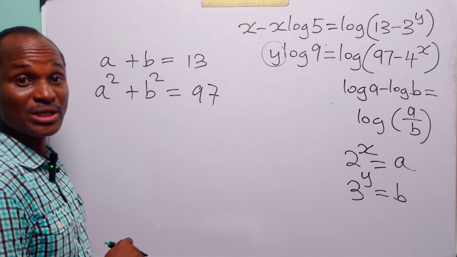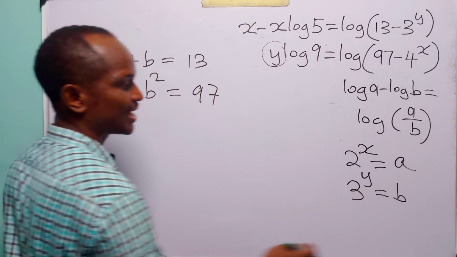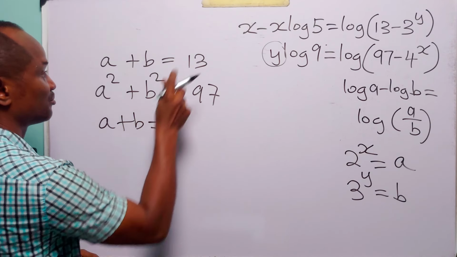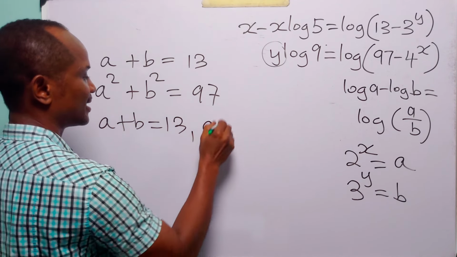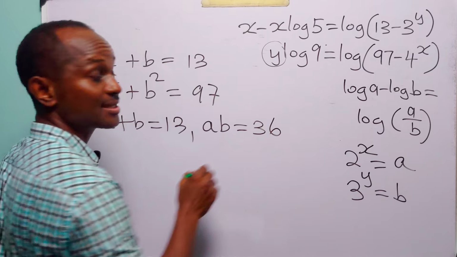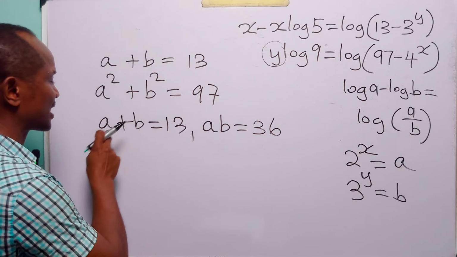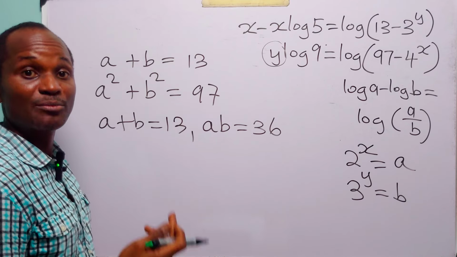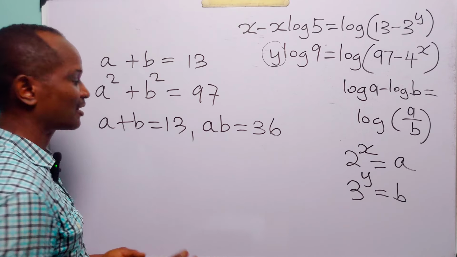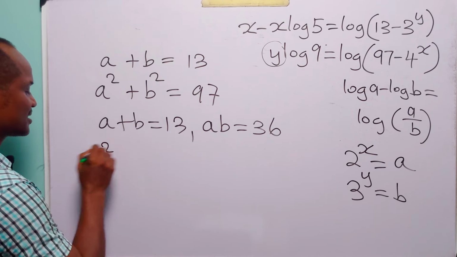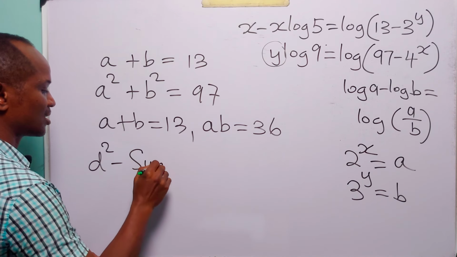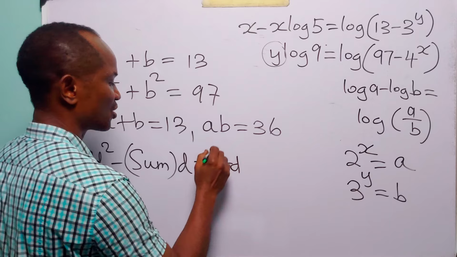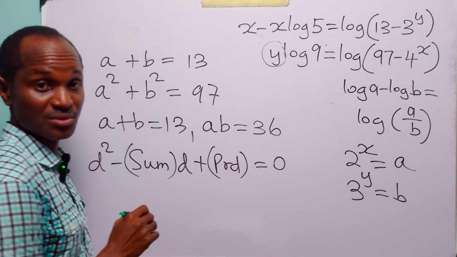So finally, the two equations that we need to solve to find the values of a and b are a plus b equal to 13 and ab equal to 36. And of course, you know that we can find the values of a and b using a quadratic equation, because a quadratic equation has the general form d squared minus sum of roots times d plus product of roots is equal to 0.